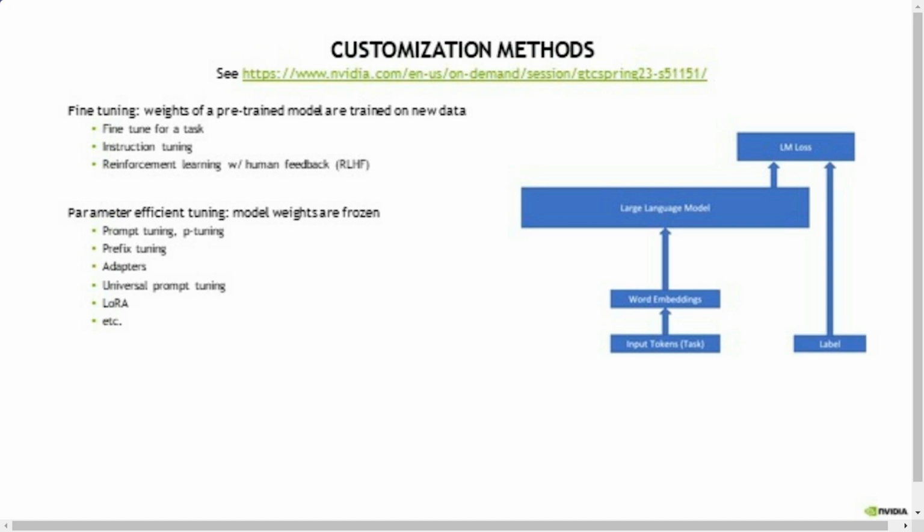It can be combined with something like reinforcement learning with human feedback, which is a combination of the language model with a reward model that's trained using human feedback, and then it's used as a reward function for the language model. So it's essentially learning to do a classification of good answer versus bad answer.